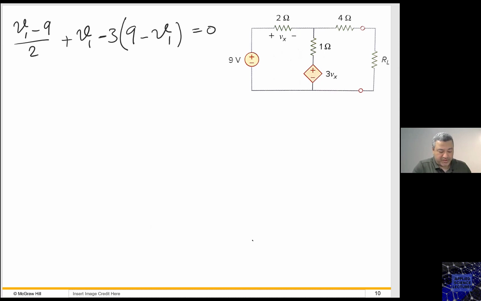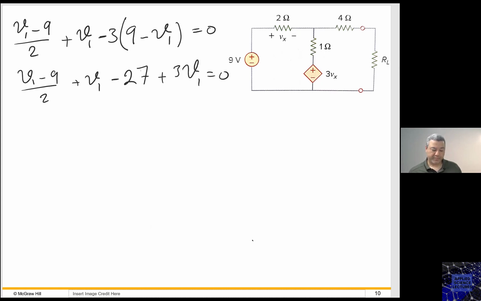Conditioning this equation: V1 minus 9 over 2 plus V1 minus 27 plus 3V1 equals 0.